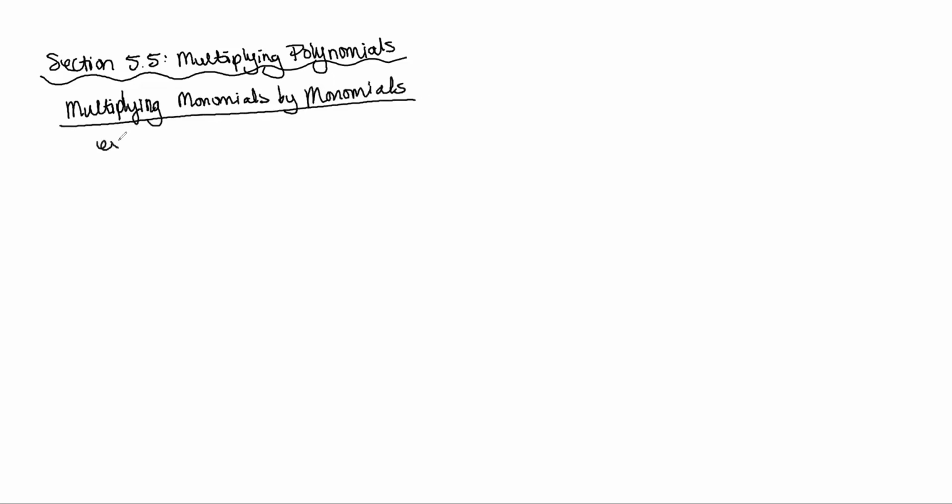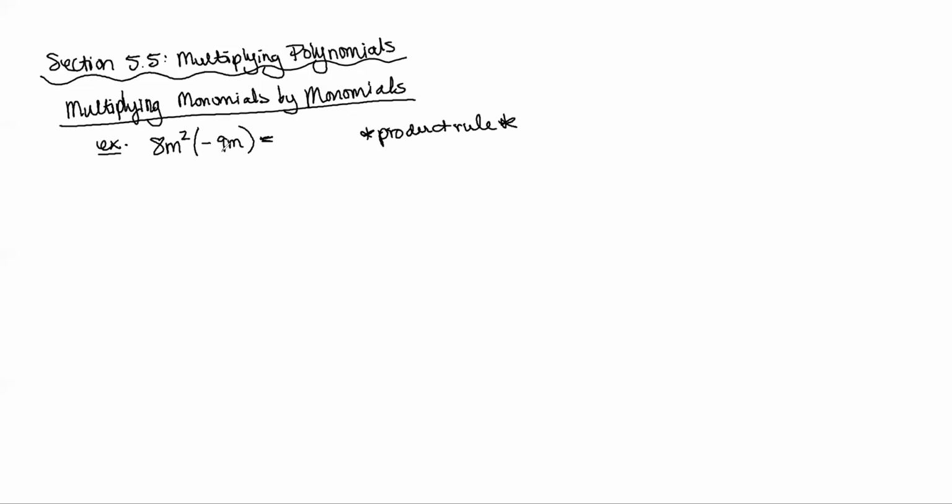Just looking at a quick example here, let's say that we're given 8m squared times negative 9m. Remember, first of all, we have to use our product rule, which tells us if we're multiplying two terms together with the same base, so we have an m and an m, we're going to add the exponents together because that's telling us how many of those we are multiplying.